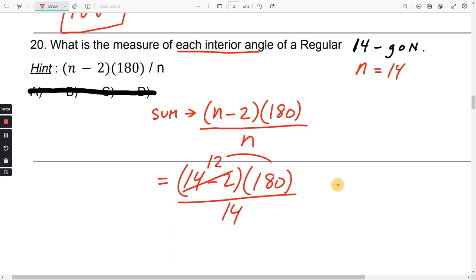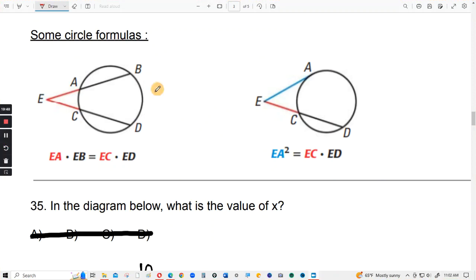And rounding off to 1 decimal, I get 154.3. And that's in degrees. So here are some circle formulas I'll give you on the test.